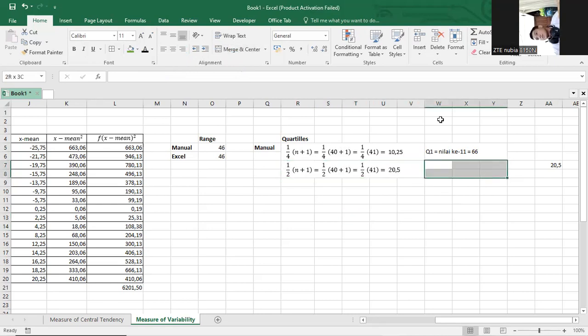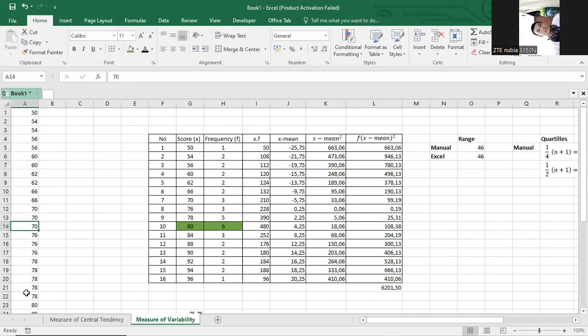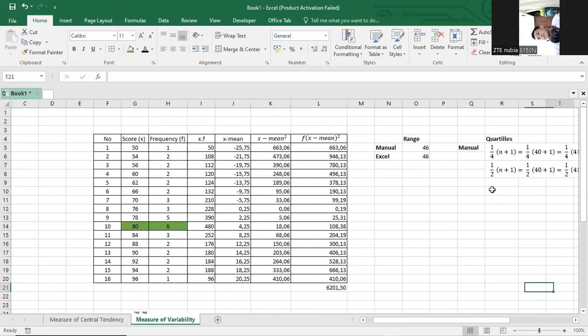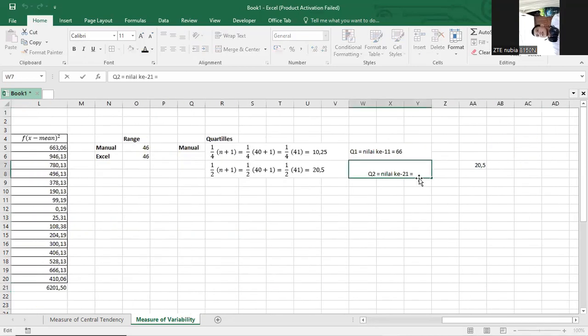We round this up first, and we find that Q2 is the 21st value. And the 21st value here is 78. For information, the value of quartile 2 is always the same as the median. So quartile 2 is kind of the middle value.